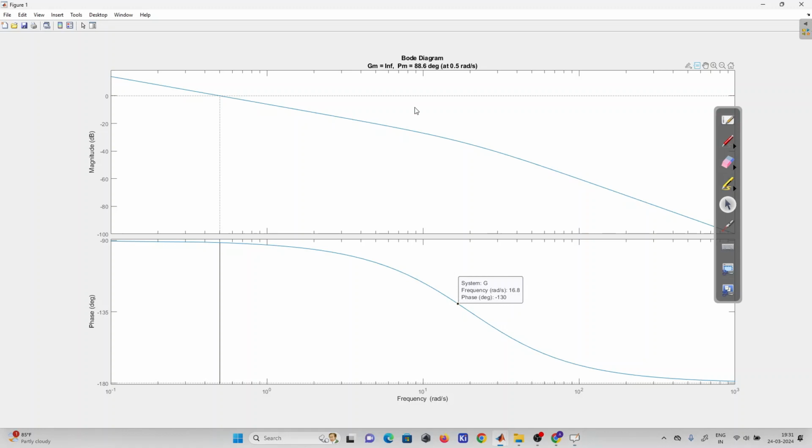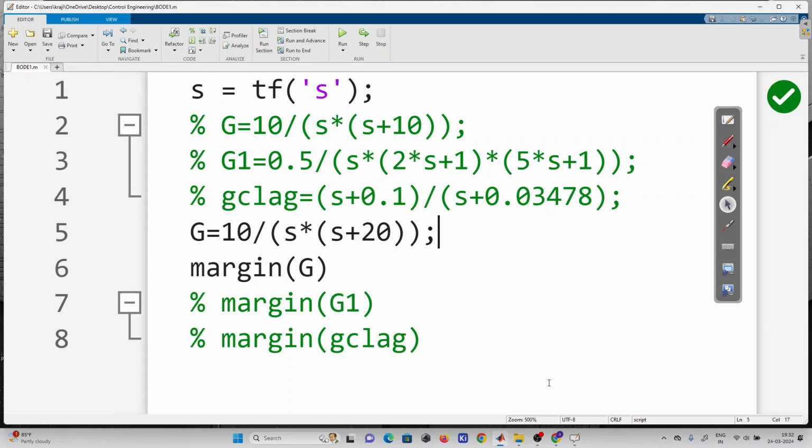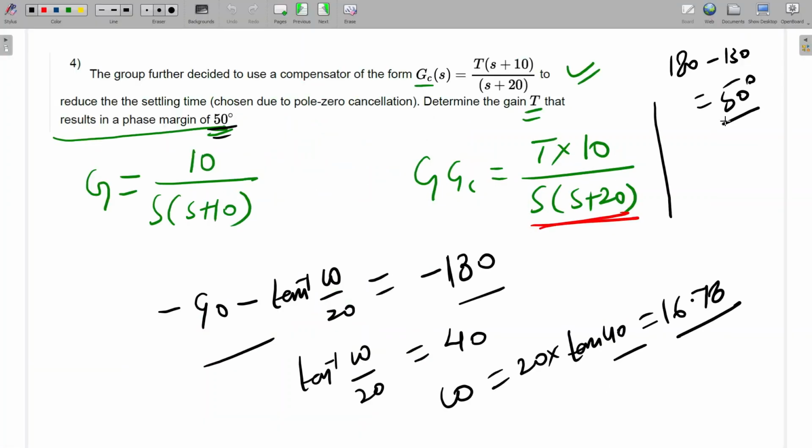And what will be the magnitude at this point? So that also we'll see. At 16.8 we are getting minus 32.9. So what should be the angle contribution? Minus 32.9, so the contribution should be 32.9.